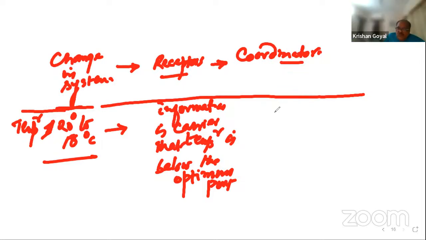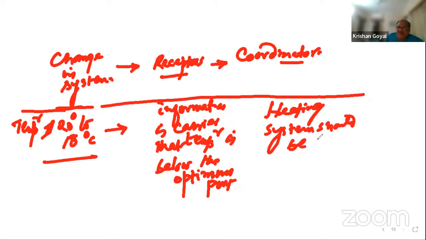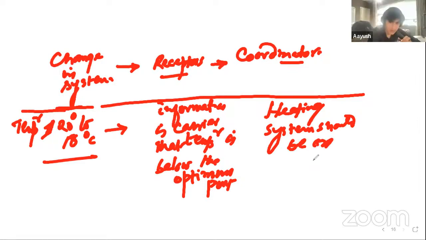Now the body will come to know that the heating system should be on. Then it will go to the effector.